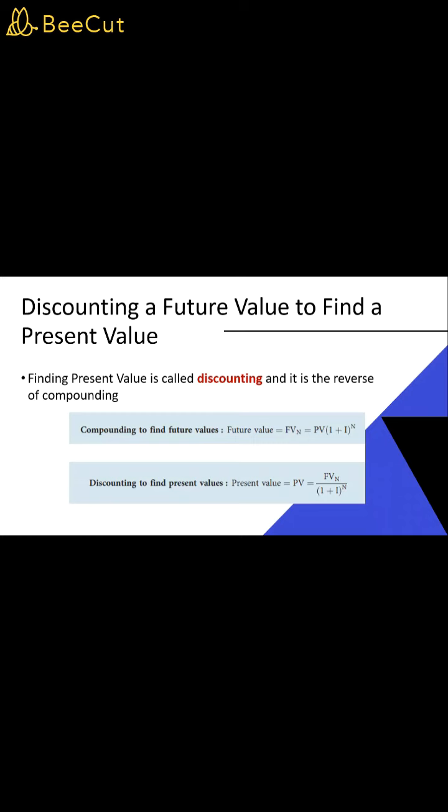Just like the formula I showed you for compounding, future value equals present value times 1 plus I to the power n, discounting has another formula: present value is equal to future value divided by 1 plus I to the power of n. So here you can see it is a reverse kind of situation.